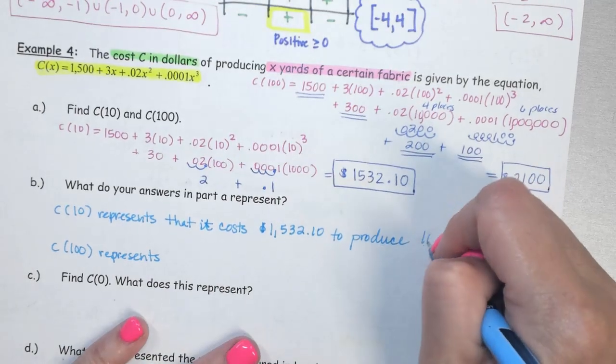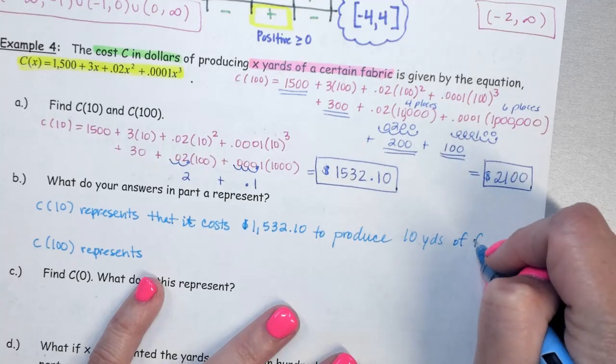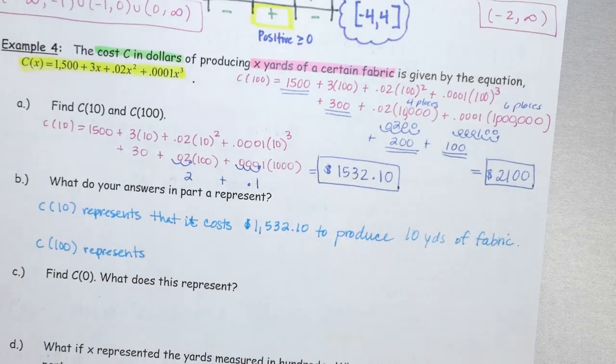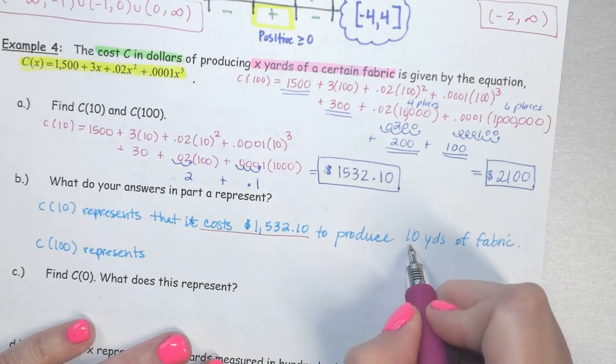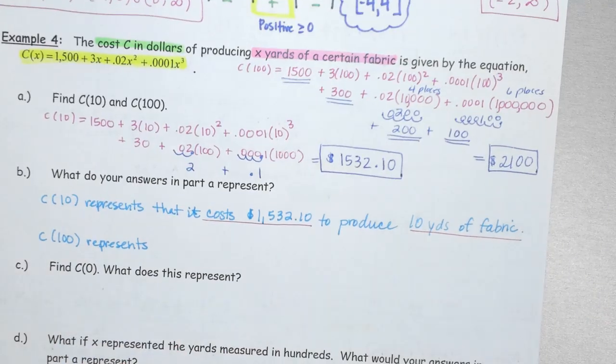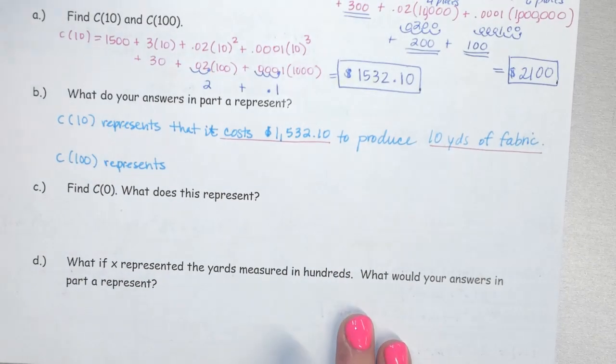So it's 10 yards of fabric. Okay, so we have the cost and the units, the output and the units. And it doesn't matter what order you say them in. So if you want to say C of 10 represents for 10 yards of fabric, it costs $1,532.10 to produce, that is fine.